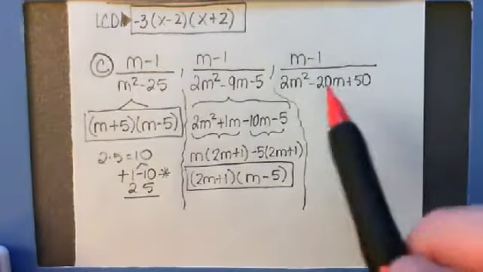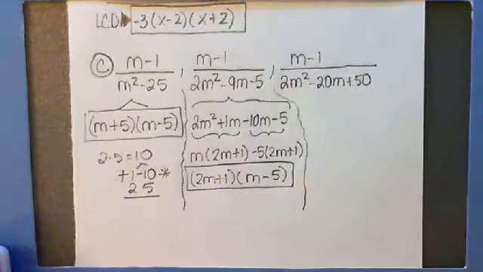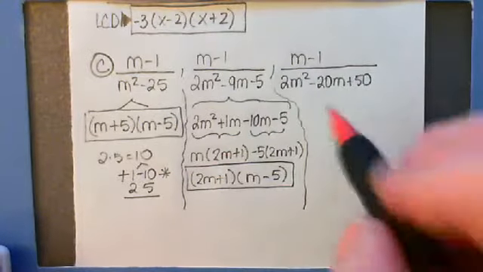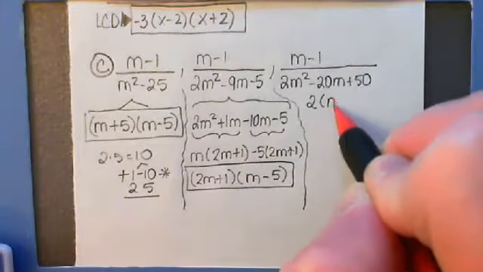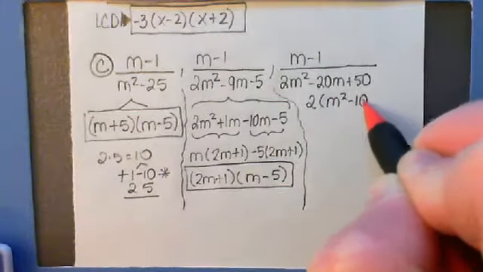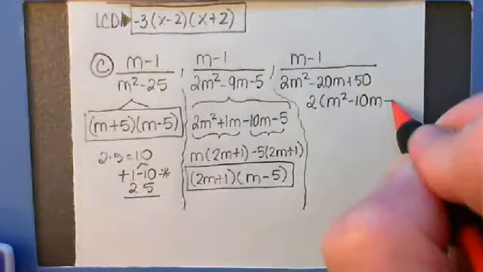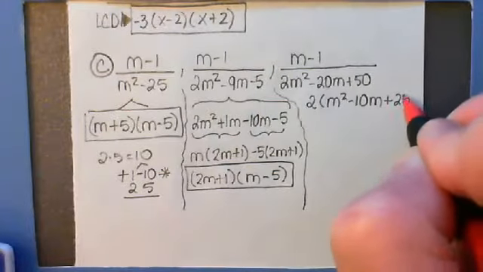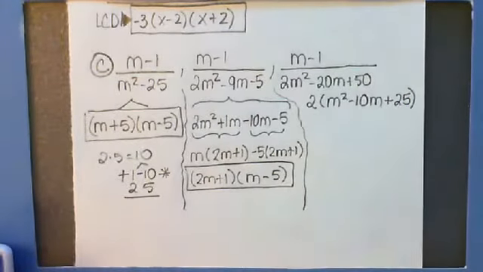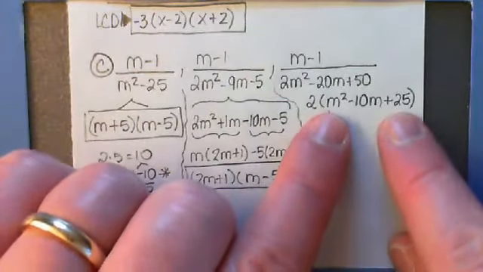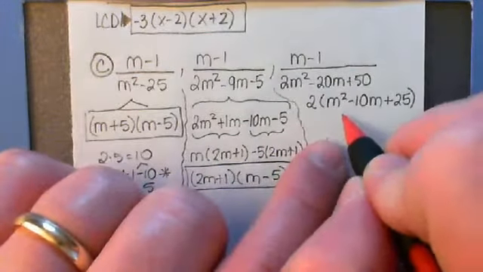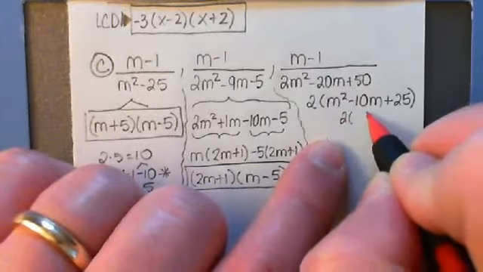Okay, if I look at the last one here, I ask myself, can I factor anything from all three? And you bet I can factor out a 2. So that means this will become m squared minus 10m plus 25. Second question I should ask is, can I use special factors? And if you notice inside the parentheses, these are perfect squares. So let's do a little test here to see if I can use the special factor.